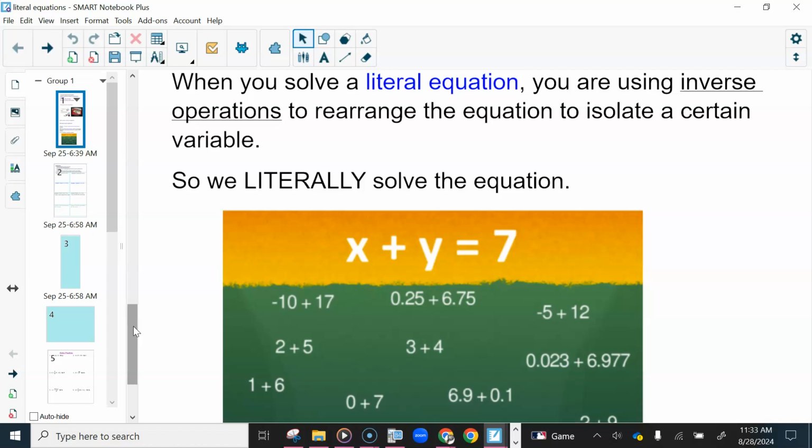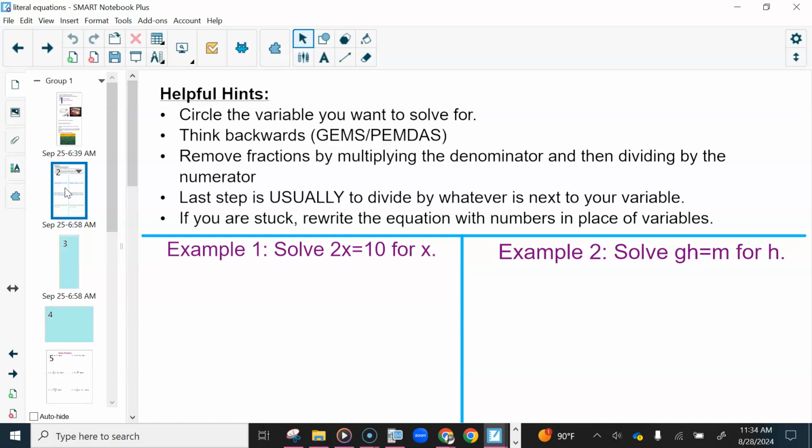So like in this case, let's say I were to solve this for x, I'd want to get rid of the y, and I don't know what either of those mean. I could pick a bunch of different sets of numbers and put them in, and any of those numbers would make it true. But I just kind of want to get one of the variables by itself, whatever that means. Go on to this page.